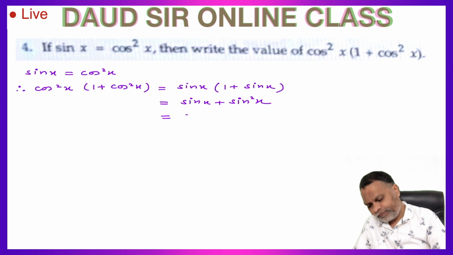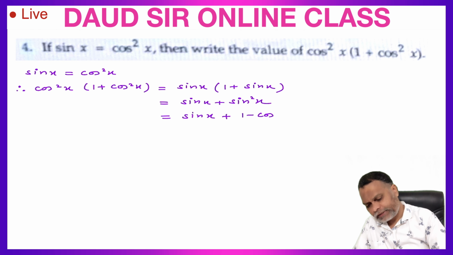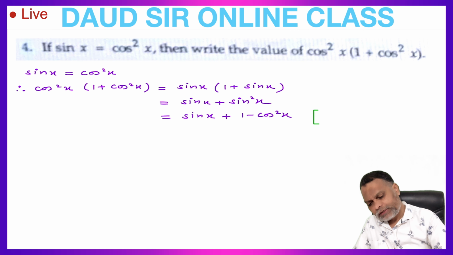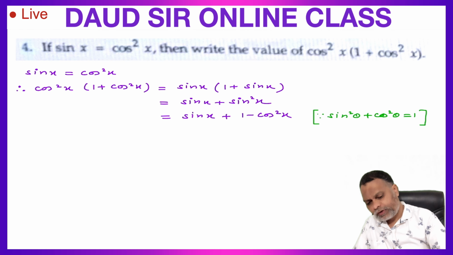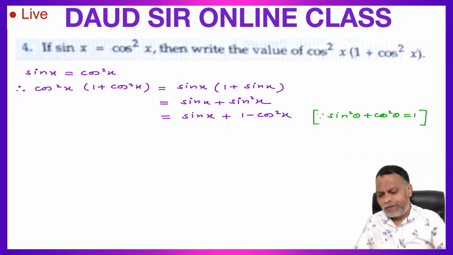Now again this sine x as it is, and this sine square x can be written 1 minus cos square x by using Pythagorean identity. Since sine square theta plus cos square theta is equal to 1. So sine square theta is equal to 1 minus cos square theta.